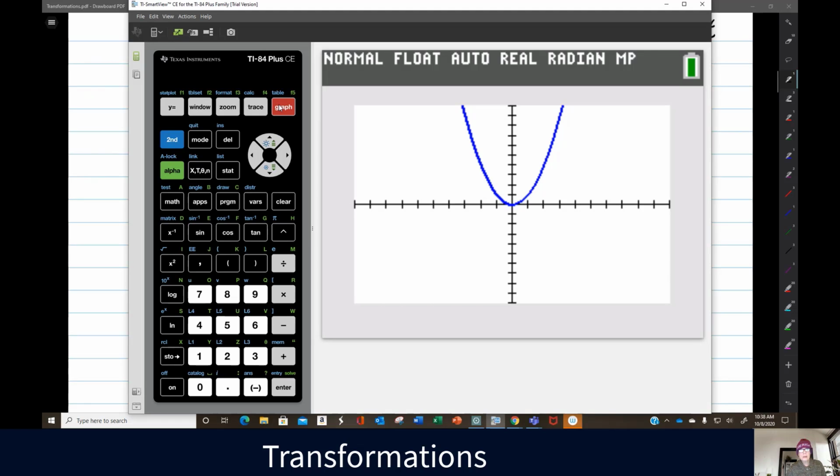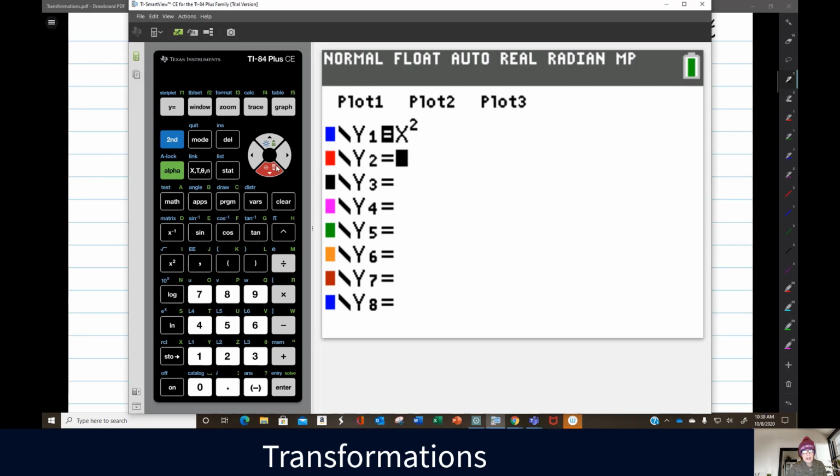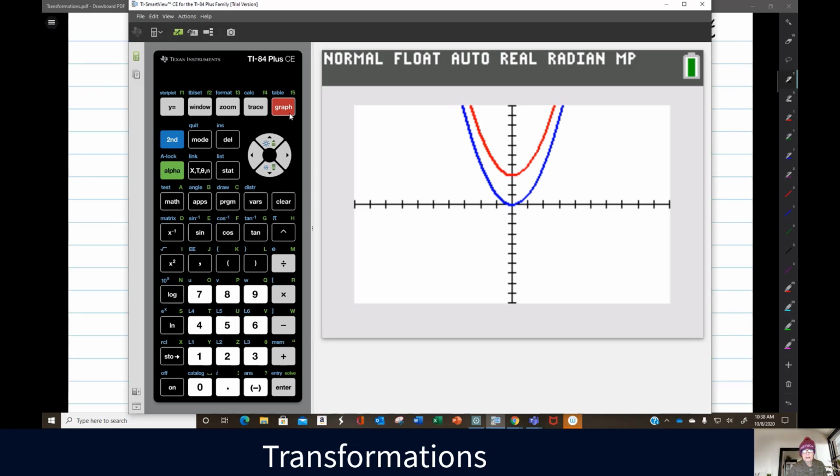There it is. Y equals x squared in its home position. Now to move it up, I'm going to add 3. I'm going to come down to y2. That's going to be red. And I will have x squared, yes, but I want to move it up 3 units, so plus 3. And then graph that.